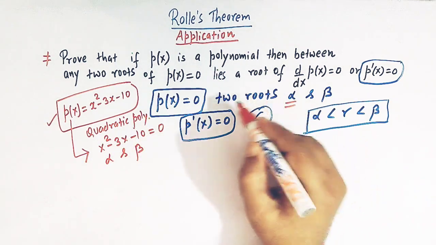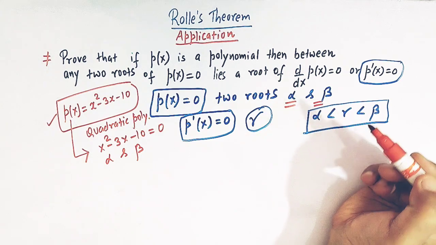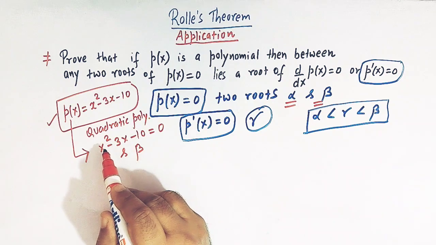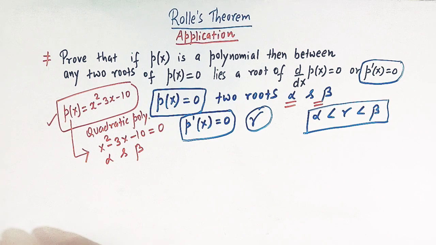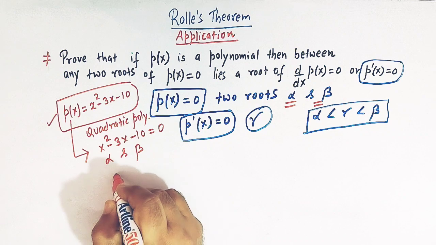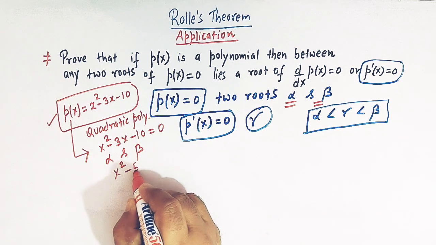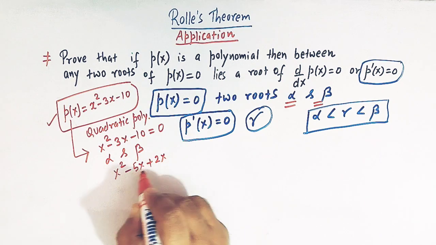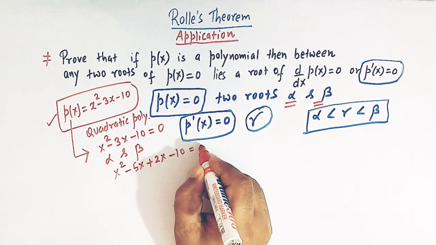Now let us find the values of alpha and beta by actually solving this quadratic equation. We can do this by splitting the middle term. So we have x square, and then we have minus 5x plus 2x, and here we have minus 10 is equal to 0.